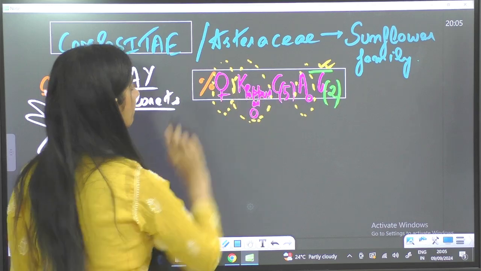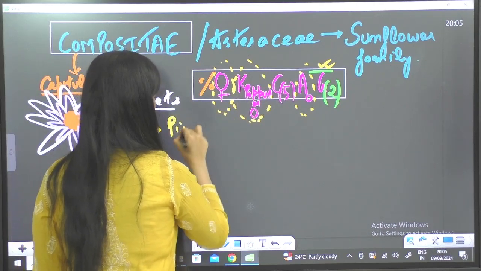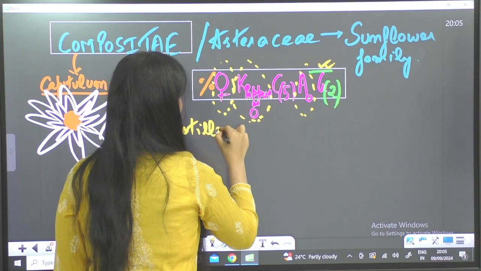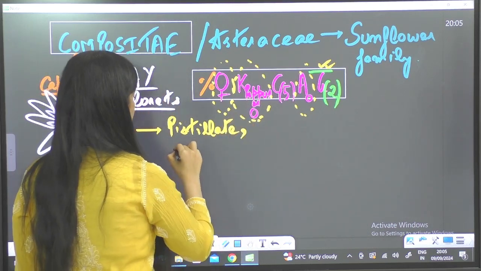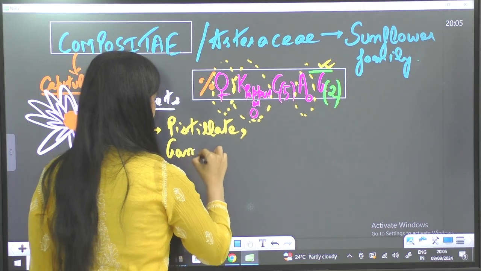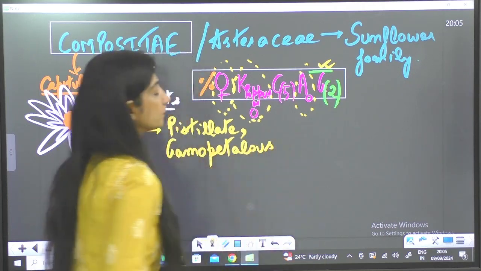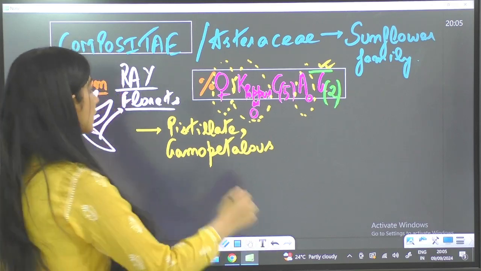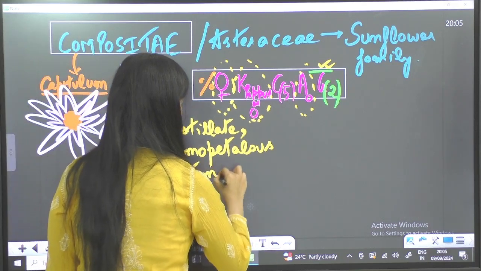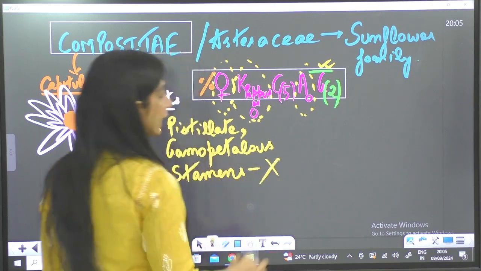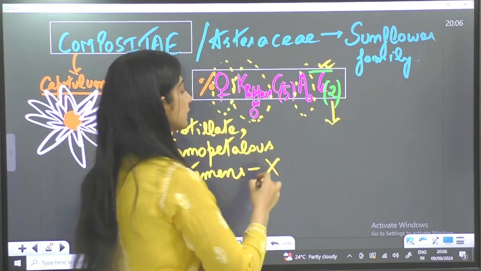If you remember this, can't you say that it is a pistillate flower? Ray florets are pistillate. Can't you say that they are gamopetalous, and there are 5 petals? Can't you say that stamens are absent?